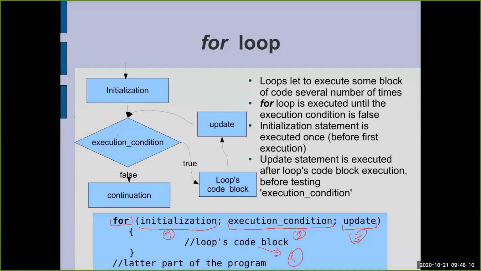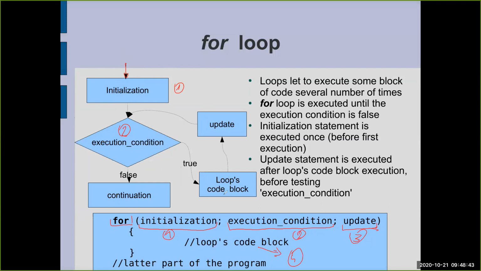So look how it is executed. Here we have the commands entered. So initialization 1: this block is executed only once. So when our program is running, first the initialization is executed, and then we go to the execution condition block. So the condition is verified whether it's true or false.